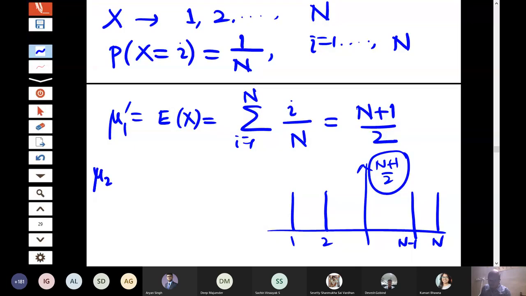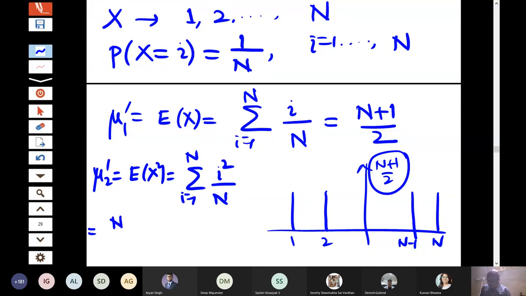So for example, what is mu2 prime? It will become sigma i square by n, so that is equal to n into (n plus 1) into (2n plus 1) by 6.